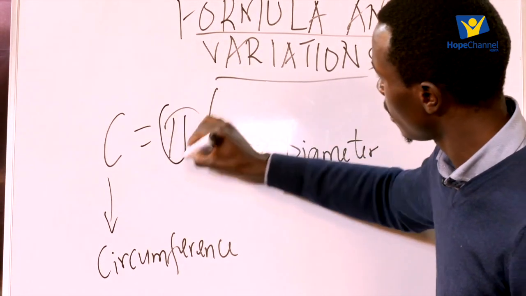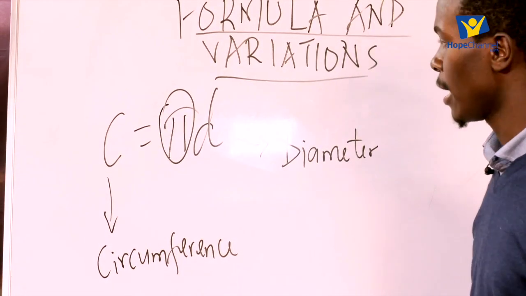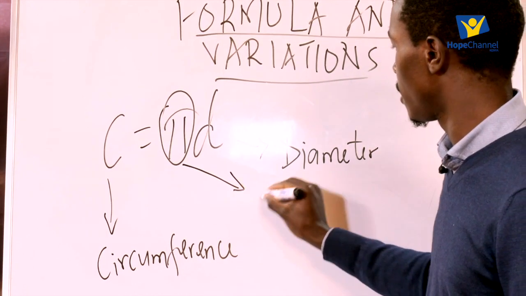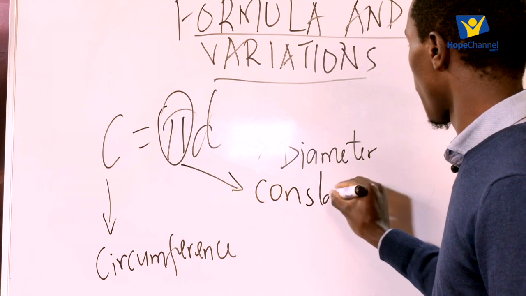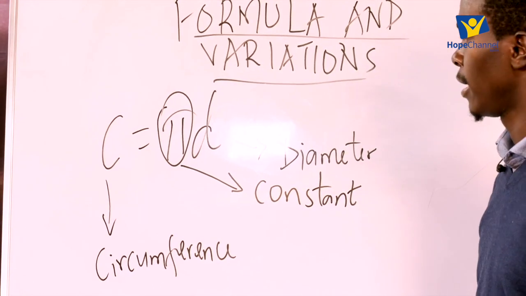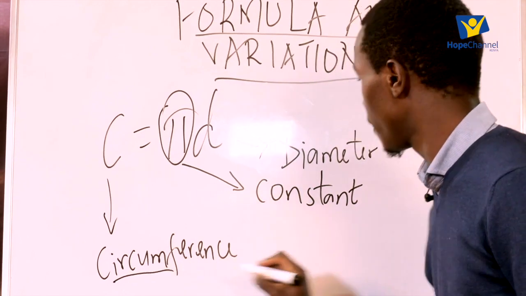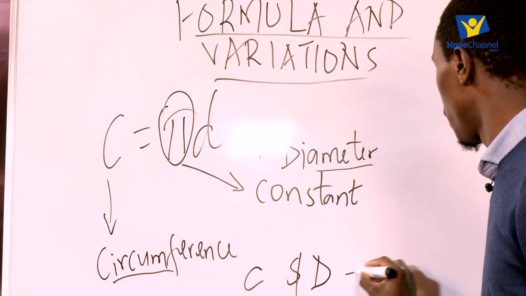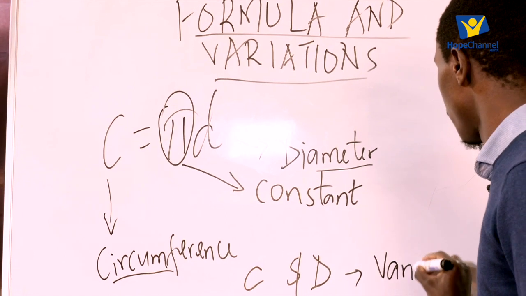However, there is another sign in that formula, pi, and in this case it is known as a constant. Pi itself is not a quantity because it is not varying. These others, the circumference and the diameter, that is c and d, we call them variables.